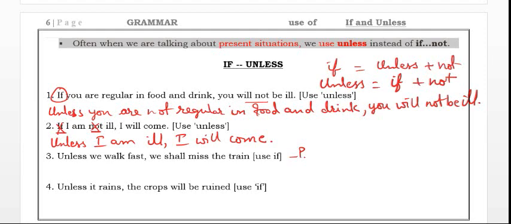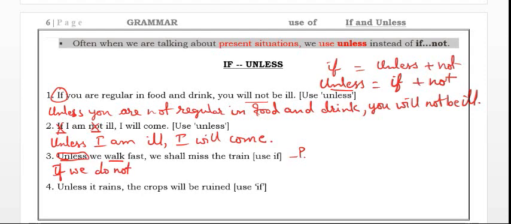Now if you see this one, the whole is positive. Now when the whole is positive, we are supposed to make it into negative. So again the same, unless is equal to if plus not. I'll take this. If we don't walk, because it is present tense, I am supposed to use do or does, and since it is we, I will use do and negative word not.